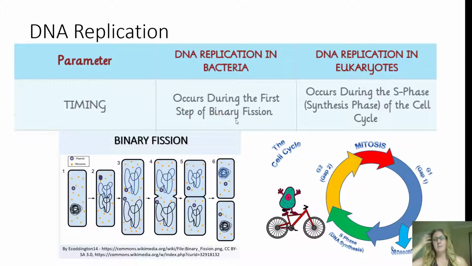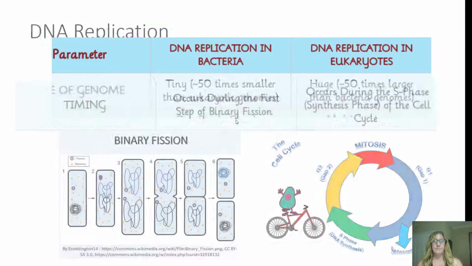In eukaryotes, it's a more time-consuming and more complex process. It is done during the S phase, or synthesis phase, of the cell cycle, so this occurs before mitosis begins.